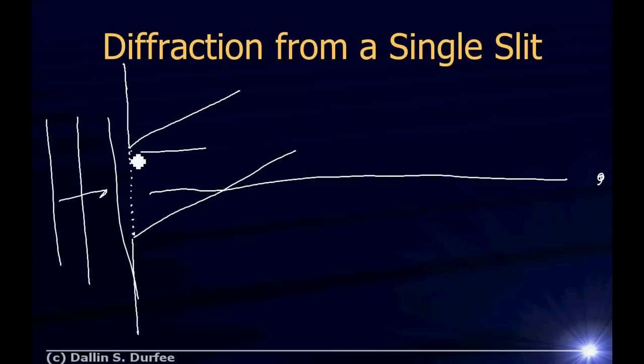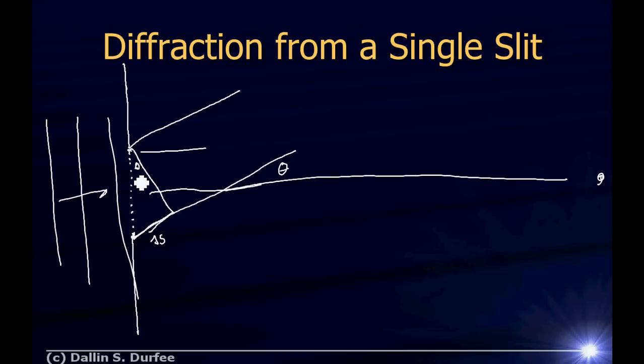Well, let's look at this. I've got an infinite number of little slits that I'm adding together. So let's just look at the slit right here at the bottom and compare that to the slit right up here at the top. Let's call this distance delta S. I go off at some angle theta to my screen, and that angle also shows up here.